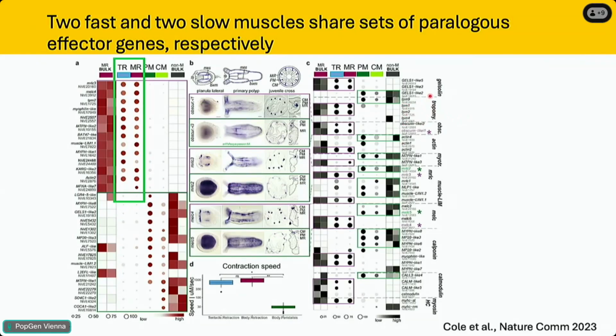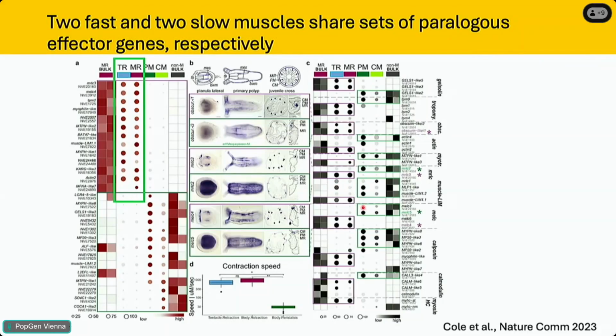And then we notice that if they have multiple paralogs, then in many cases each of these paralogs segregates to either one of the two tentacle retractor muscles, or to the other side. There's a few which are expressed more broadly and ubiquitously, but in most cases it's a segregation, so subfunctionalization of these paralogs into different types of muscles.